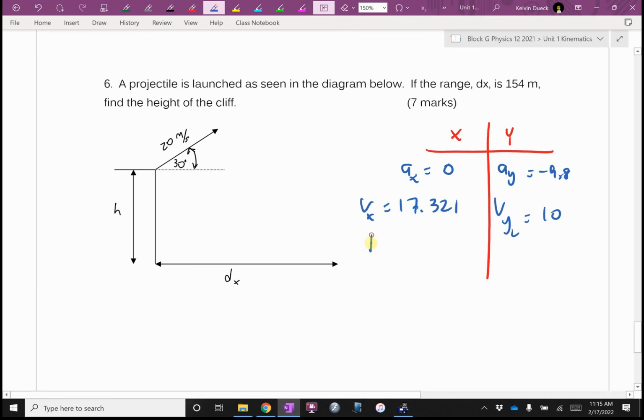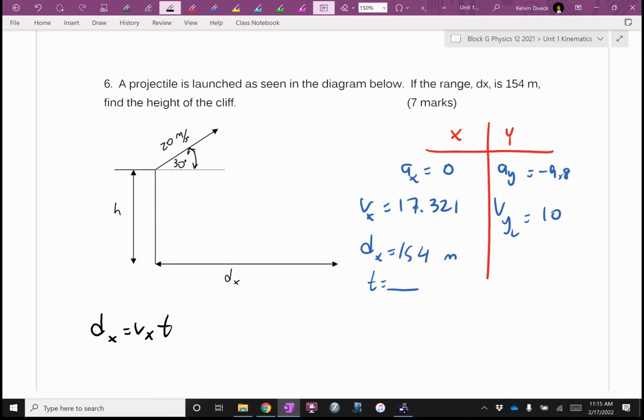But now they gave me the range. I can find time horizontally. I can say dx equals vxt. What happened to the plus a half at squared? Gone.